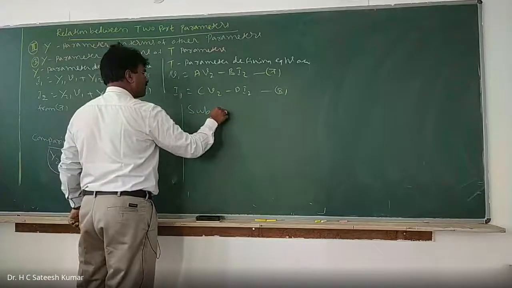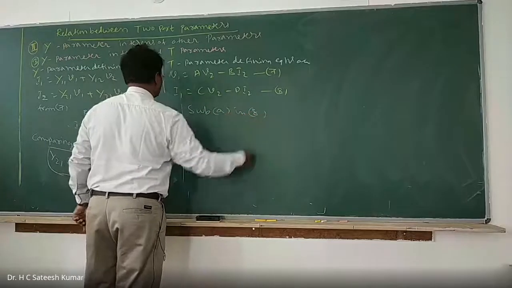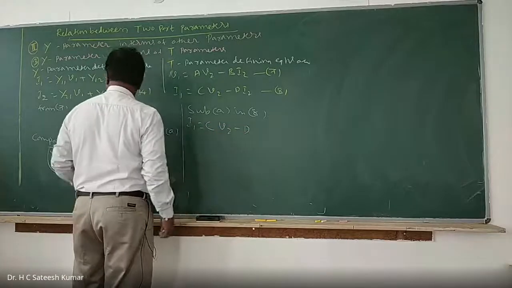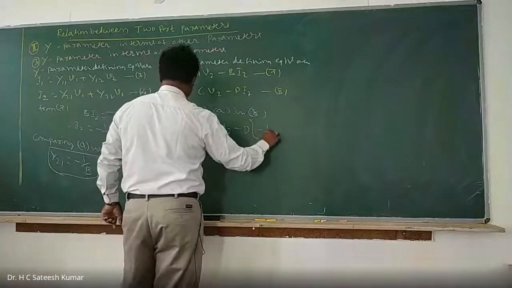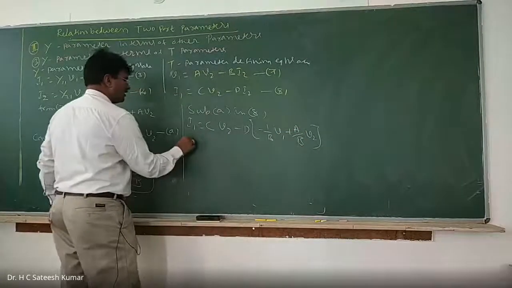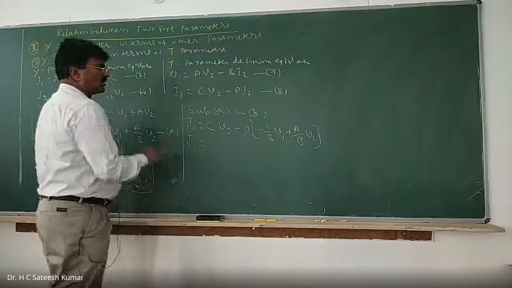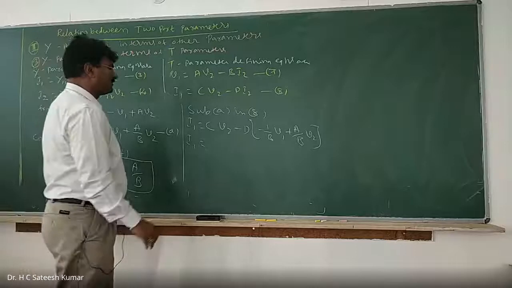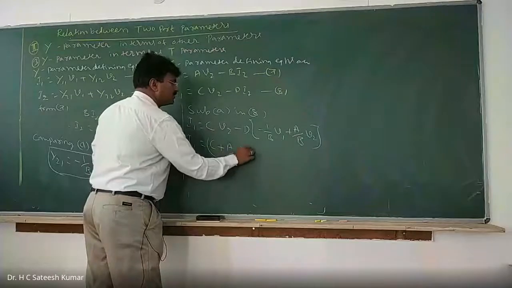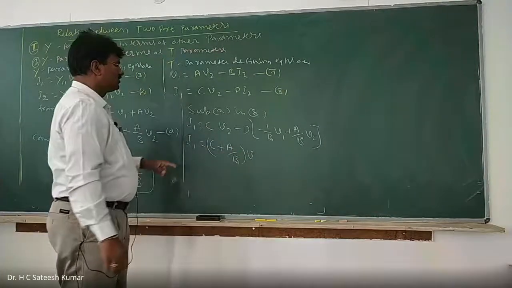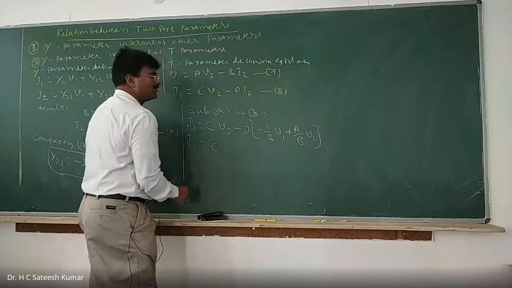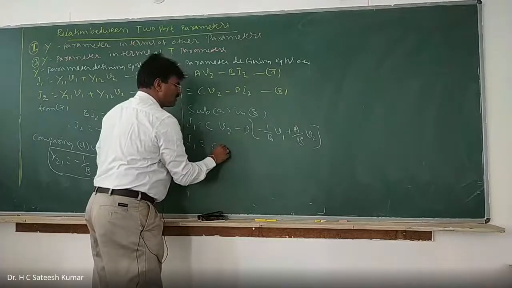Substituting A in 8. I1 is equal to C into V2 minus D into I2. I2 is minus 1 by B into V1 plus A by B into V2. That is nothing but I1 is equal to, first one and last term you group it, CV2 minus AD by B, you have to multiply this one also.